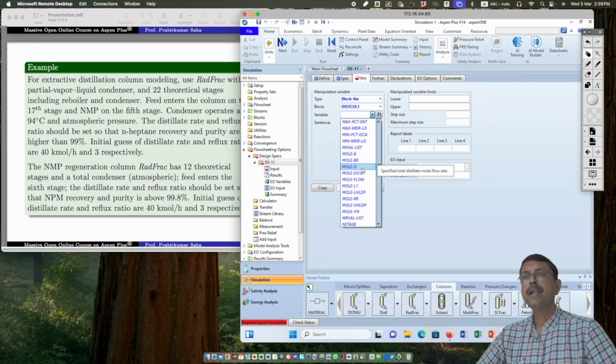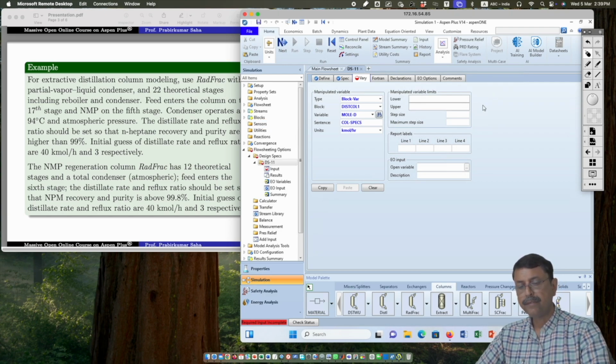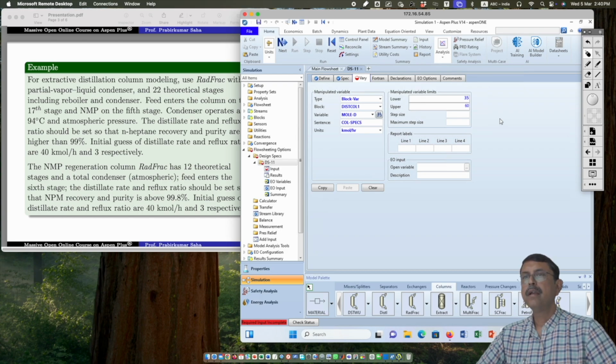So this is the total distillate molar flow rate. So we are clubbing distillate rate with that. Now what is the distillate rate? Normally it is 40. Let us take a lower limit of 35 and an upper limit of say 60, and let us check what happens with that.